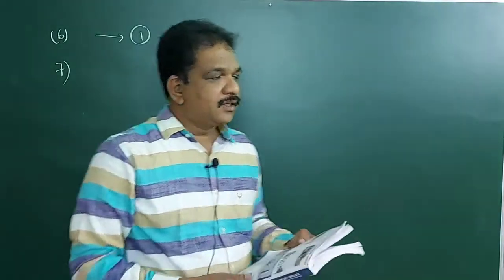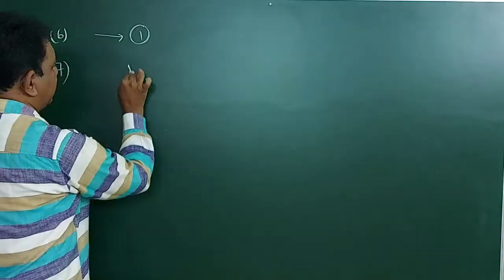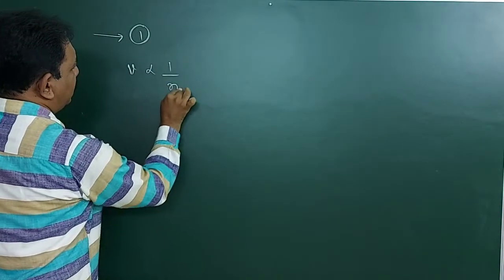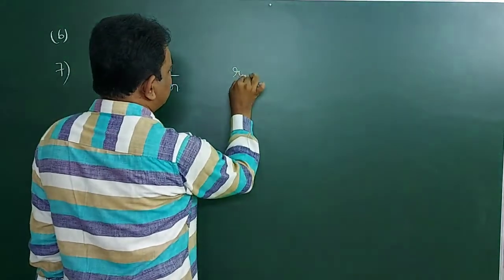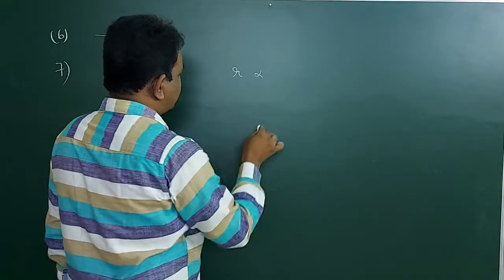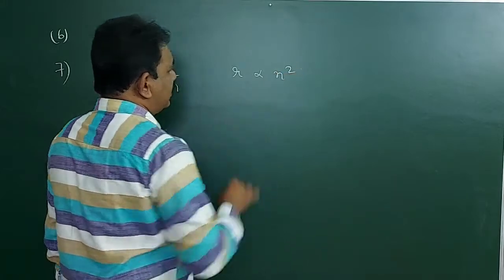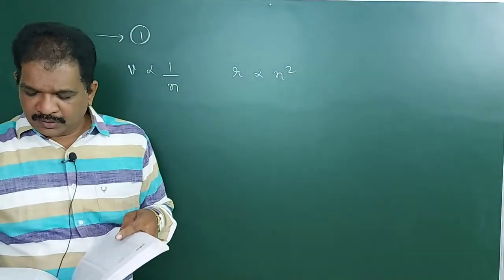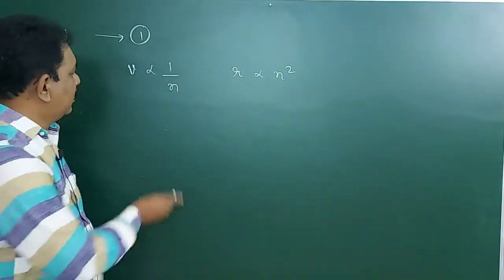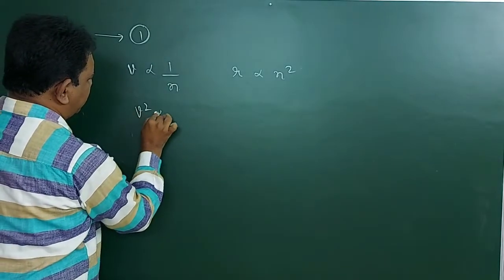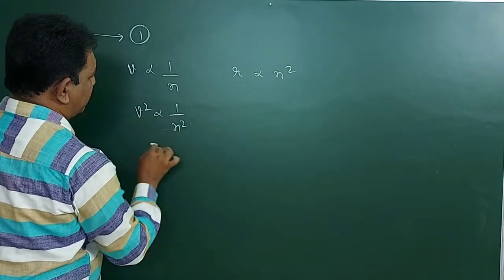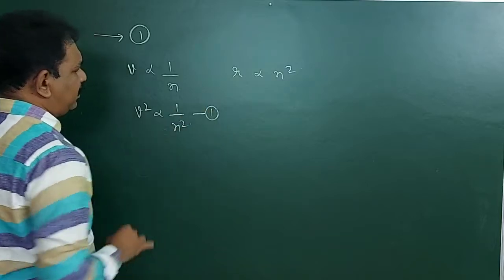We know the relation between velocity and orbital number is v proportional to 1 by n. And we know the relation between radius and n is r proportional to n square. From this we can write v square proportional to 1 by n square. Let it be equation 1.